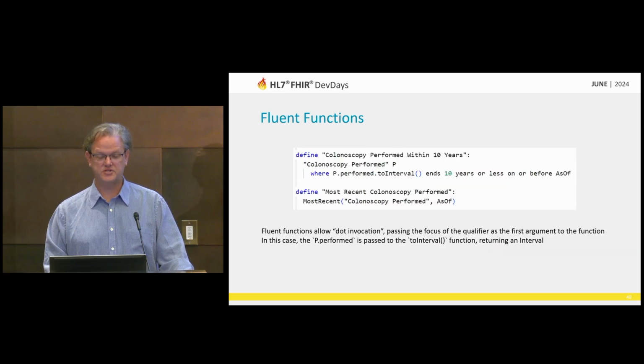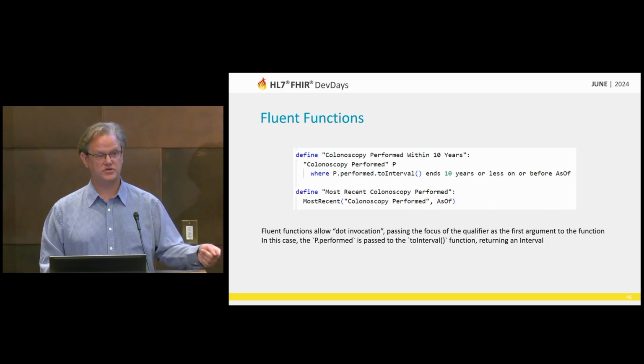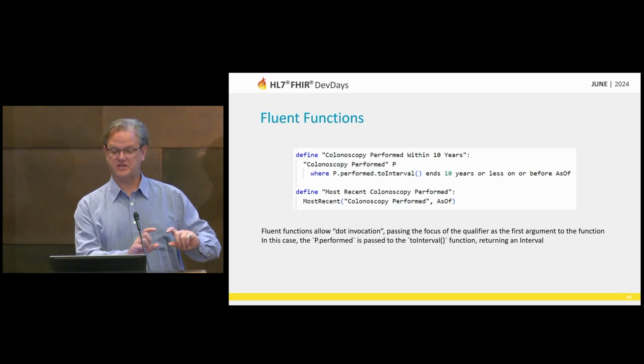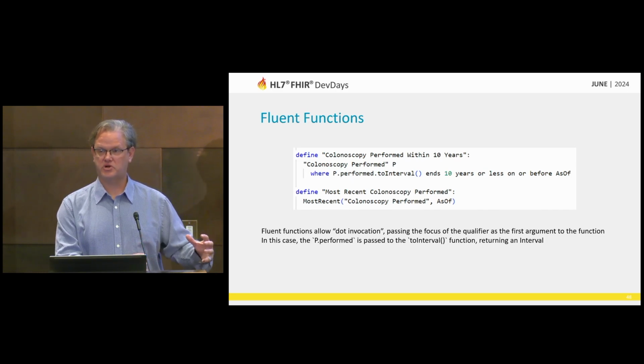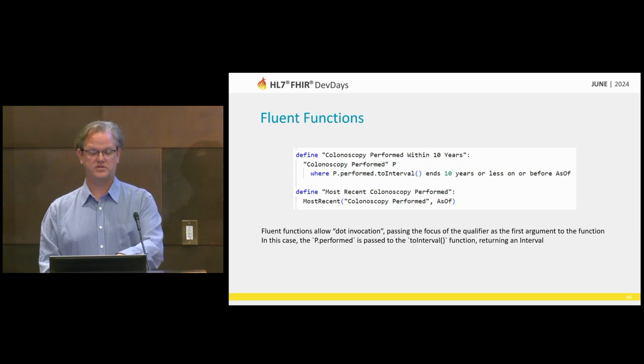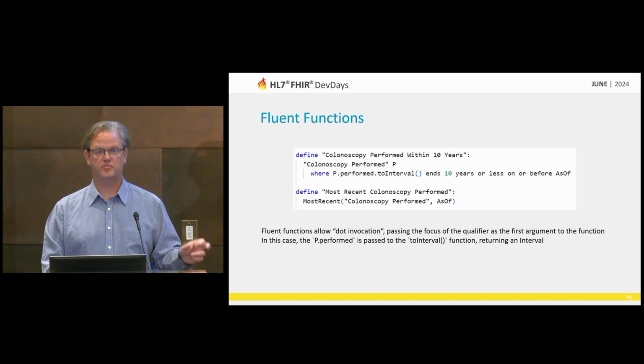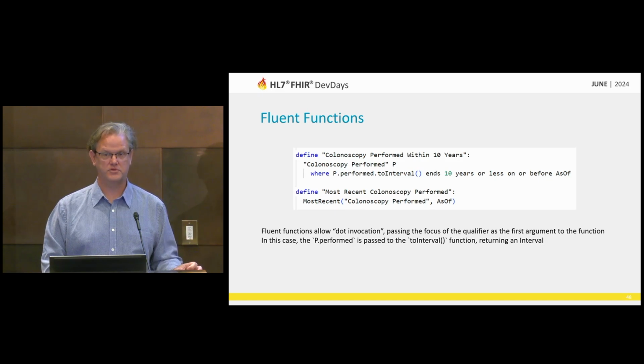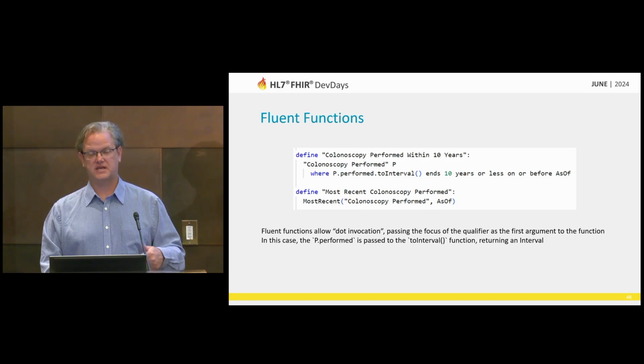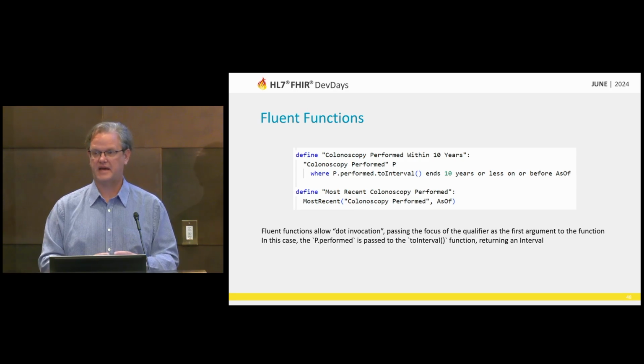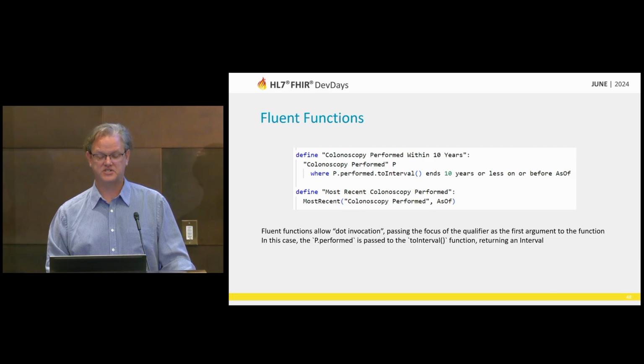So in this performed .to interval, I'm actually calling that fluent function, and that's effectively inlining that whole expression, so that with just saying to interval, I can account for all the different possible representations of that performed. And because I can define fluent functions myself, I can do this with any kind of logic that I want to package up and put into a nice simple representation like that.